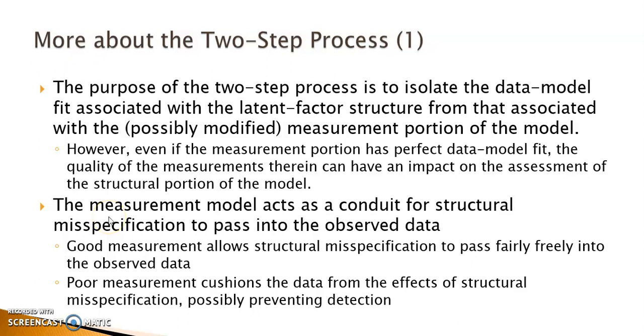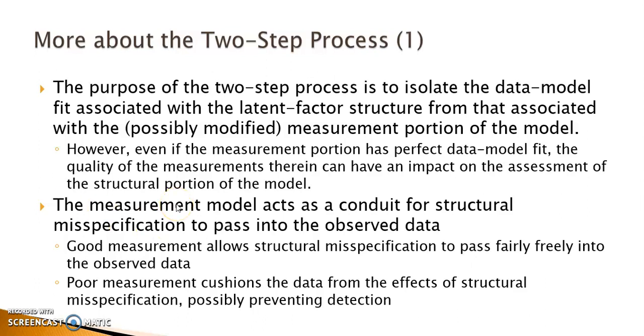The important issue here is the quality of the data collection. If you use good measurement to accurately capture the information of the latent factors, your model will allow potential structural misspecification to pass fairly freely into the observed data, and you will be able to identify structural misspecification if there are any.